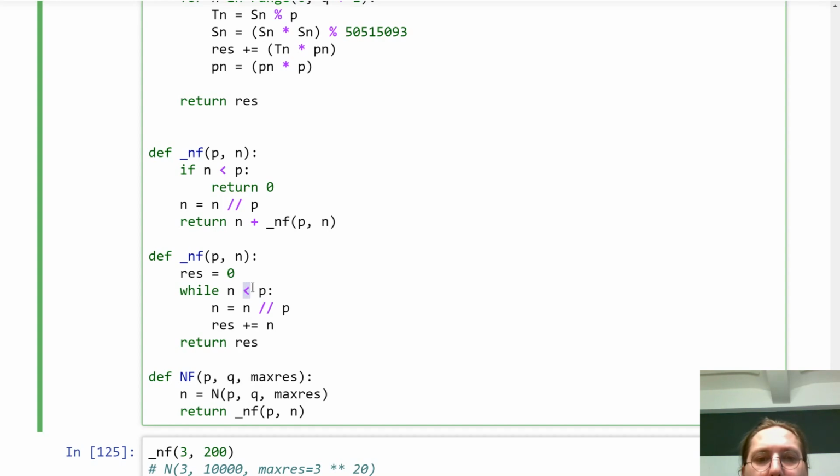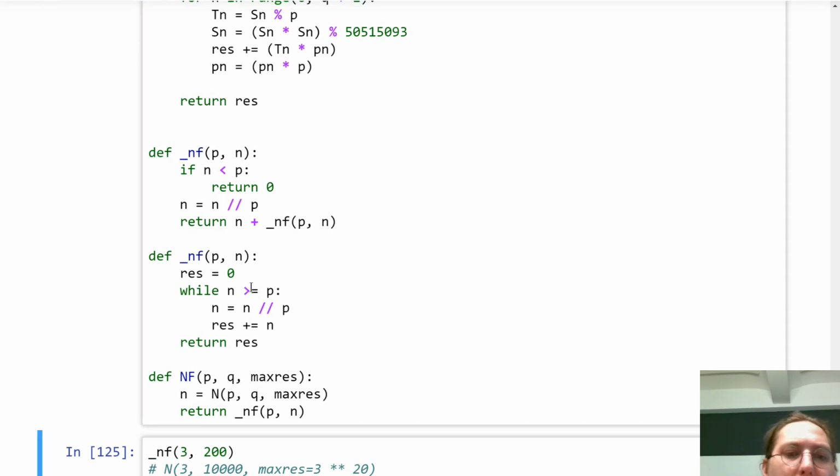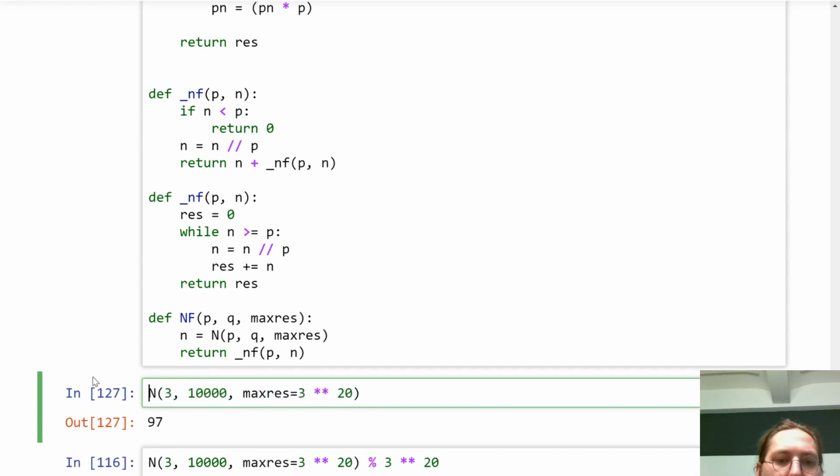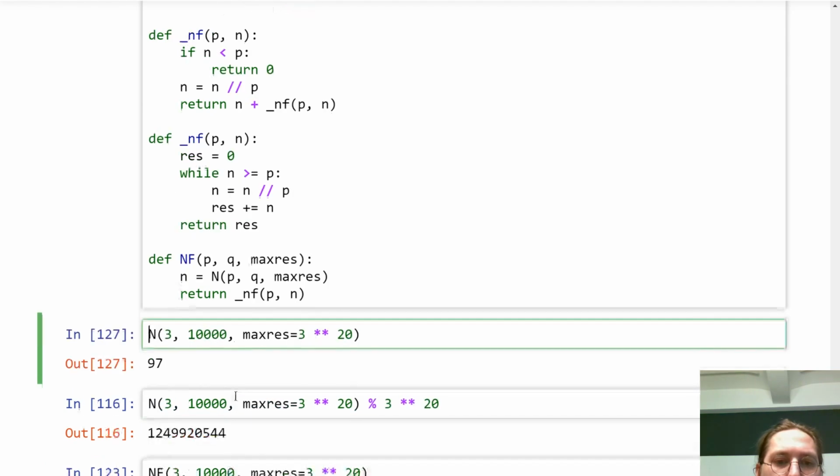Greater or equal, I guess. Yes, because it could be exactly 3, so it should be 1 plus 1.